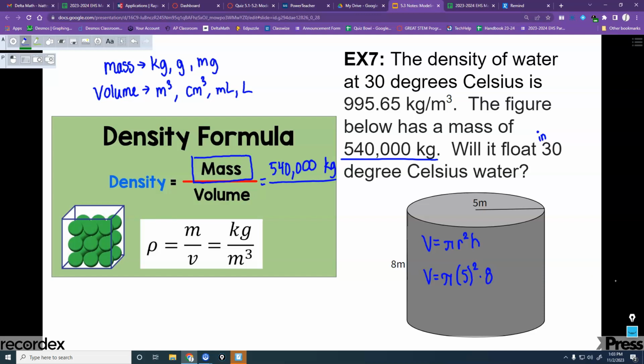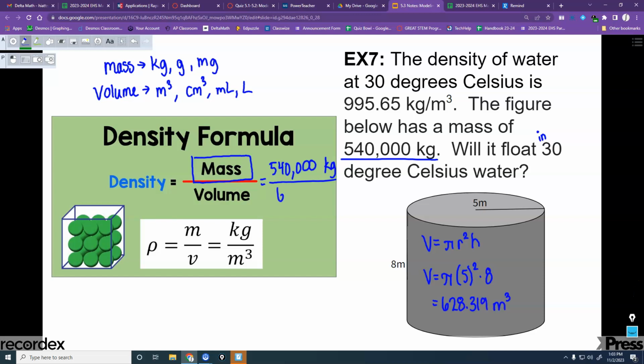If I type that into my calculator, pi times 25 times 8 gives me 628.319 cubic meters.